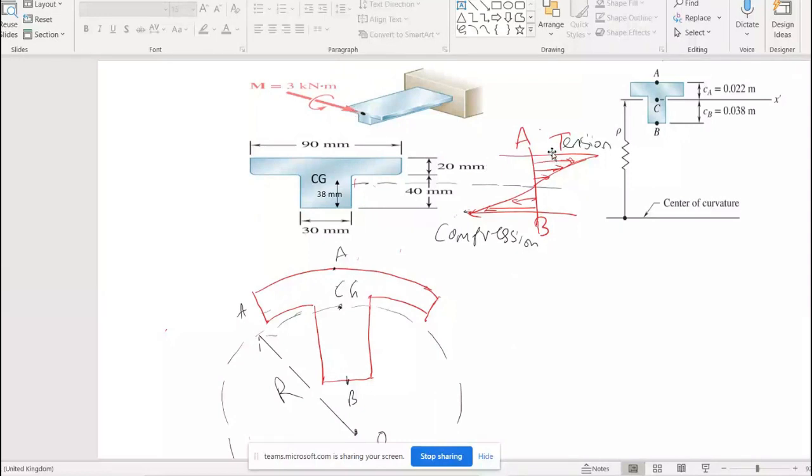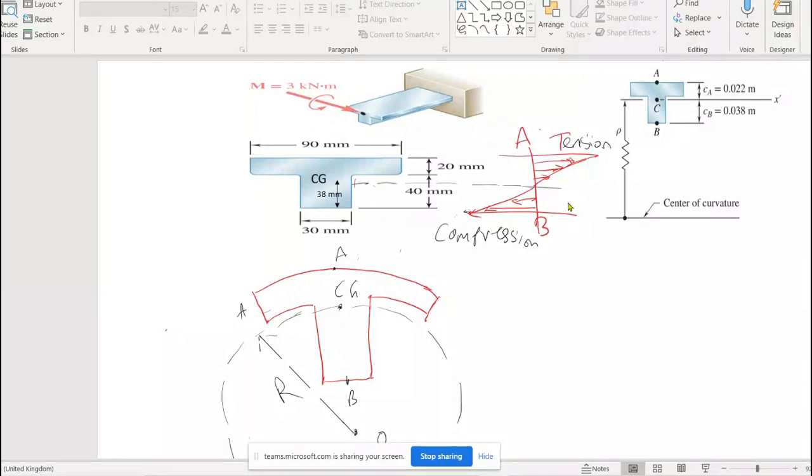When you draw the profile, the y max will start from here, right? The maximum tensile stress, because the fiber has extended, right? So I will plot it as tension here, maximum. It keeps on reducing until the centroidal axis. At the centroid it becomes 0. It's not to scale, it is very small, please understand. And then at the central axis it becomes 0. Then start plotting the value of compression.